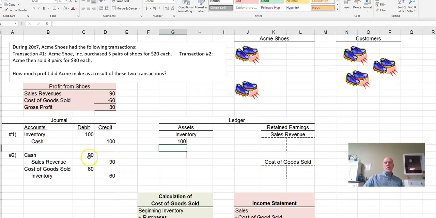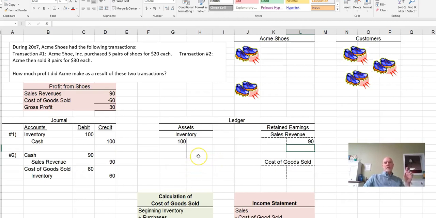Or you would debit accounts receivable if they hadn't paid you yet, but typically a shoe store is going to be a cash business. So the debit goes to the cash account. The sales revenue of $90 would go here. And remember that your sales is one of those temporary accounts under retained earnings. So I've just got part of the ledger represented here, the part that we're focusing on.